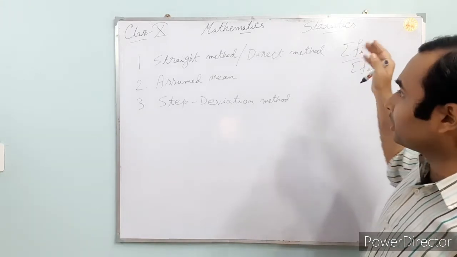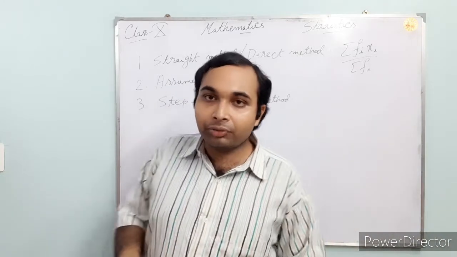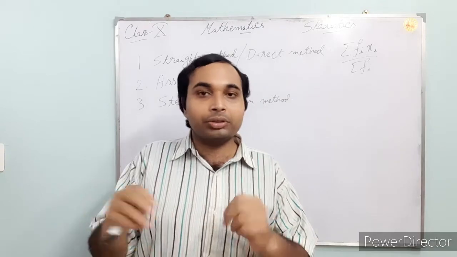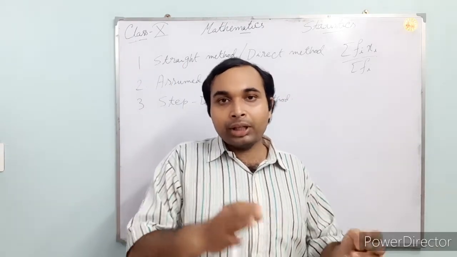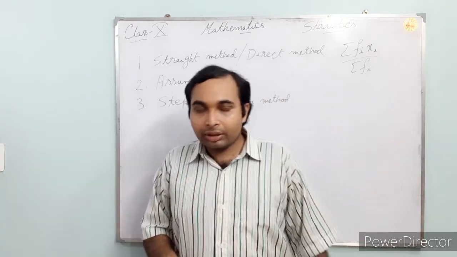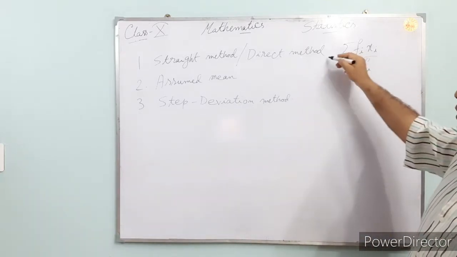If the mid value is not given, you have to find the mid value for the class intervals. Whenever class intervals are given, you have to find the mid value, and if only the data are given, then no need to find the mid value, those are only the xi. So this is the formula for the direct method.